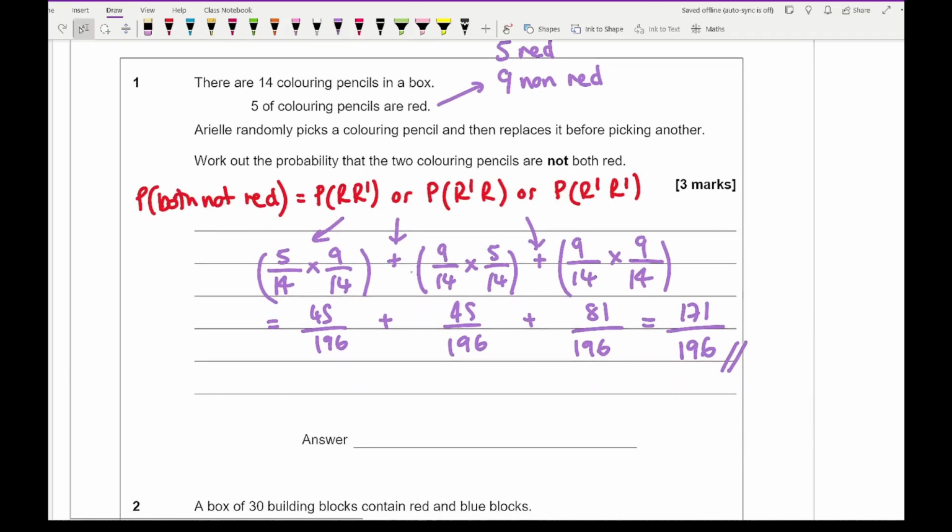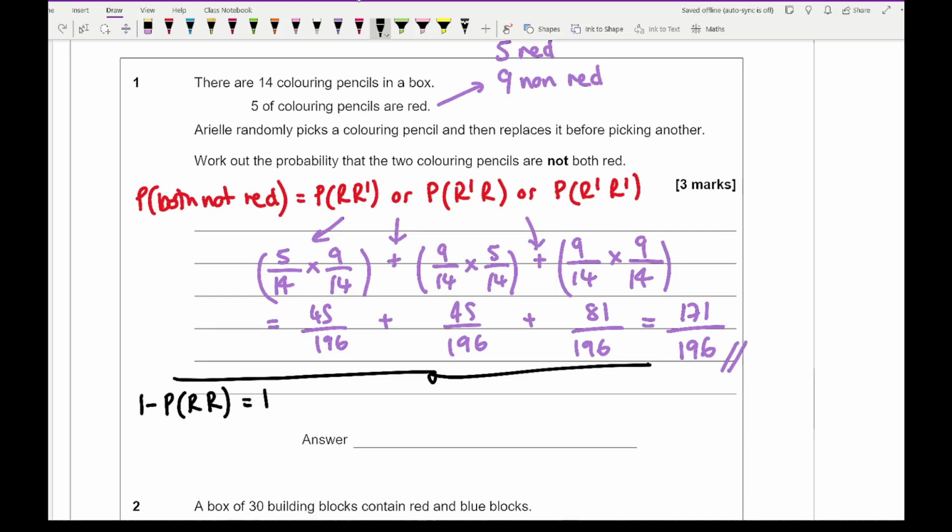Now another way you could answer this particular question, which will probably be a little bit quicker, is to do 1 minus the situation that you don't want, which is both of them being red.